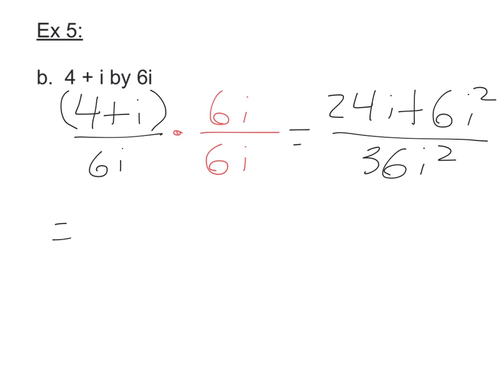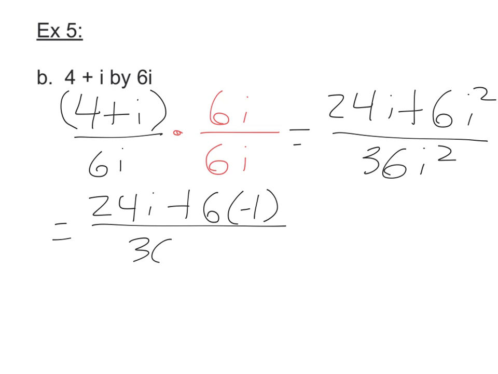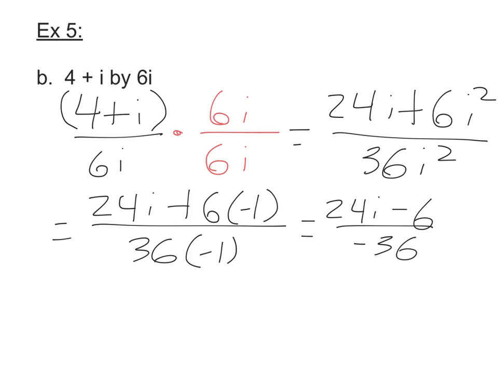So let's clean this up a little bit. We get 24i plus 6 times negative 1 over 36 times negative 1. So 24i minus 6 over negative 36. Now to get this into the form, I'm actually going to bring my 6 out in front and my plus 24i behind.